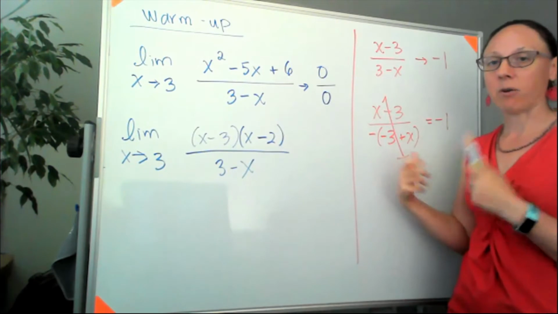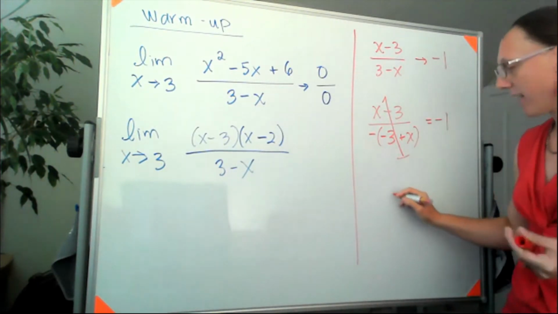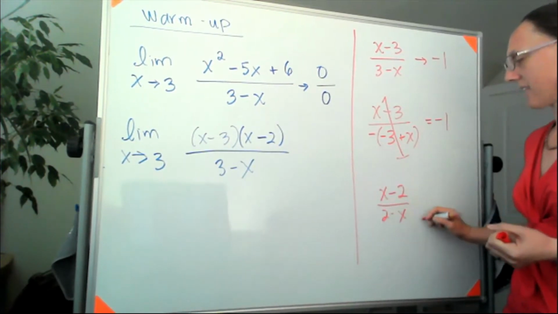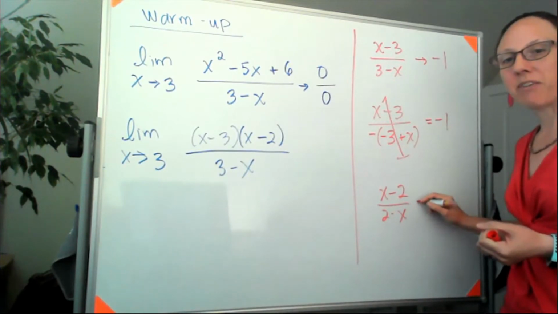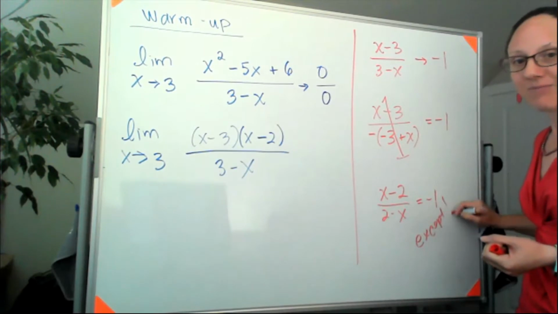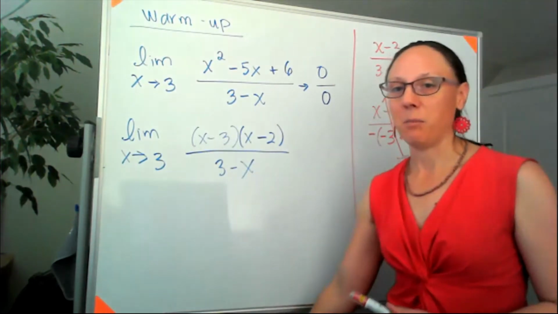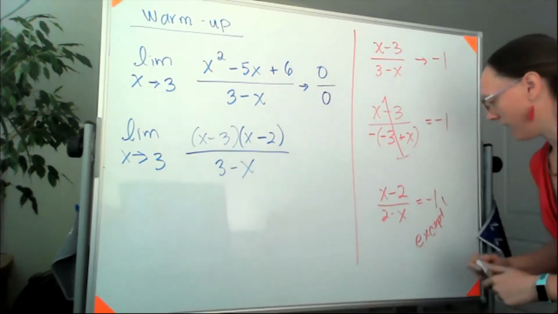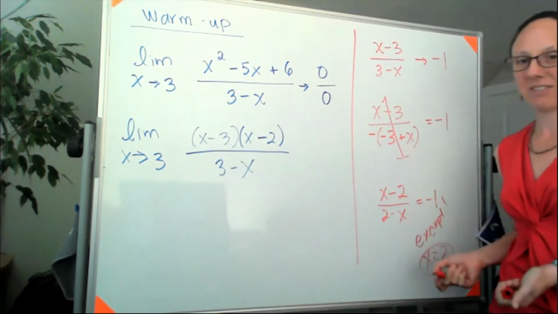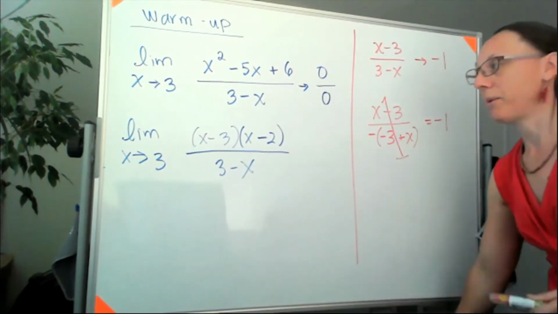So you can factor it out, or we can just remember that if I have something that looks like x minus 2 over 2 minus x, this is always going to simplify to be -1, except when x equals 2. And if x equals 2, then we already have a problem because we'd have a 0 in the denominator. So anyway, we'll worry about that later.